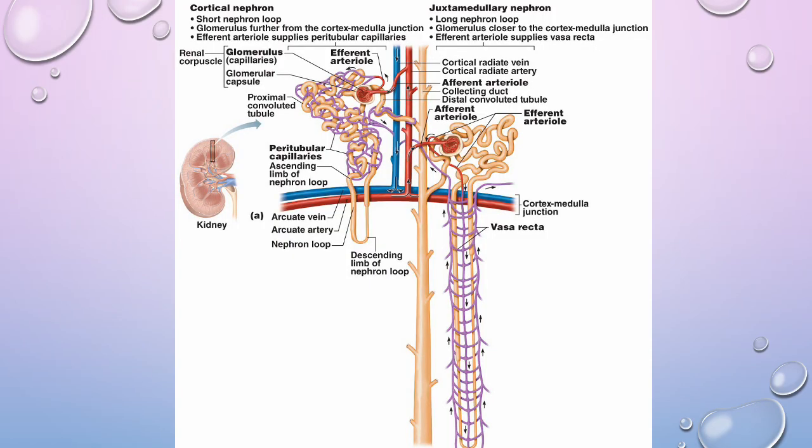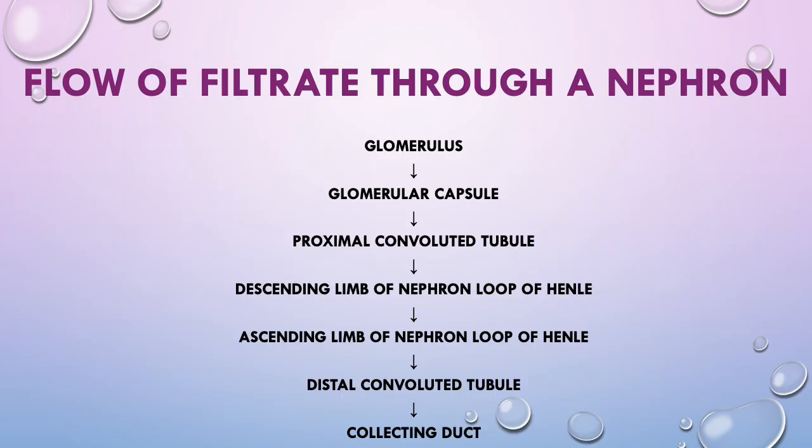Here we see them again: cortical on the left, juxtamedullary on the right, and we're talking about nephrons. So now let's talk about the filtration through the nephrons. Starting from here, we're filtering through the glomerulus, and now we're talking about filtrate. From the glomerular capsule, we go to the PCT, or proximal convoluted tubule, and then to the descending limb of the nephron, also known as the loop of Henle.